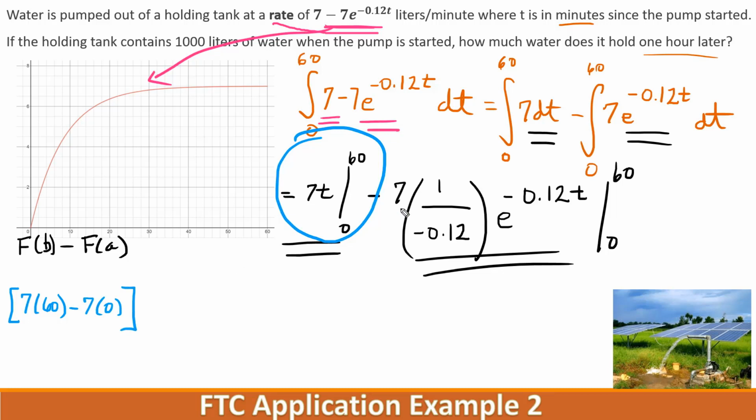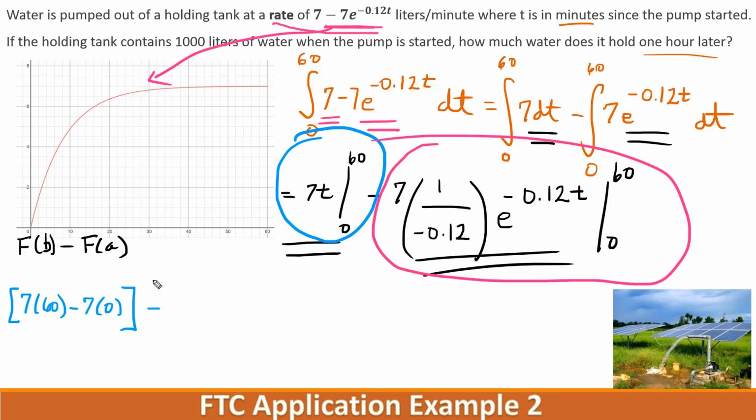And then minus, that minus right there, I definitely would put all of this in square brackets so I don't lose that negative sign.